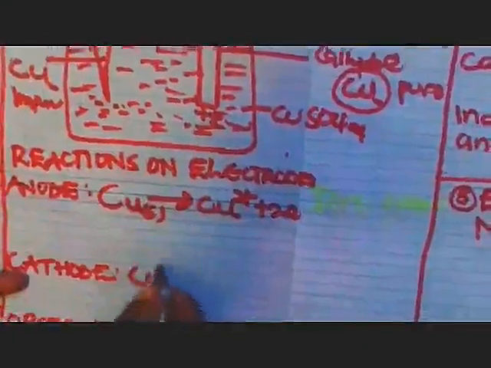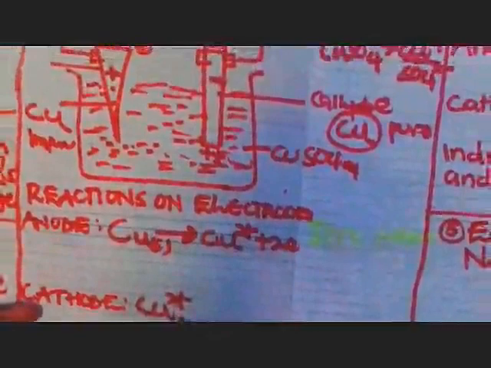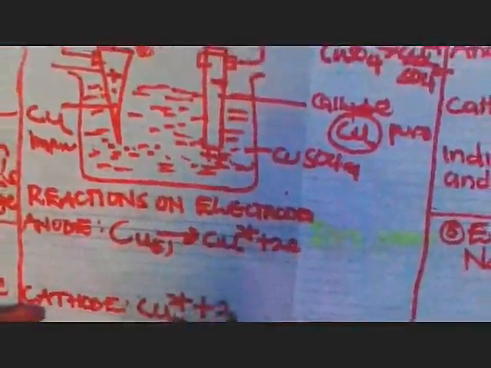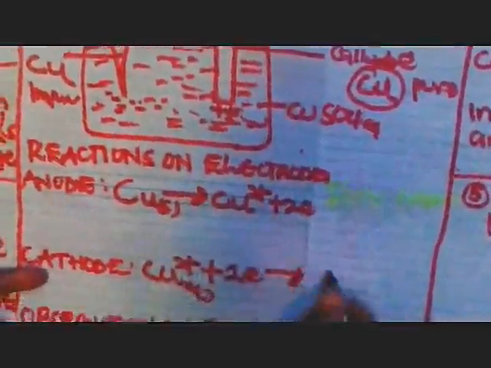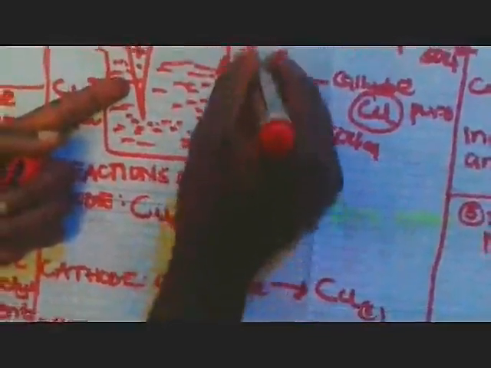So we are going to take the copper II ions from the copper II sulfate, and they gain 2 electrons and form copper solid, which is pure. Meaning, at the end of the experiment, as this one is reducing in mass, the mass is increasing on this one. We are seeing more copper coating here. Therefore, the cathode is increasing in size.